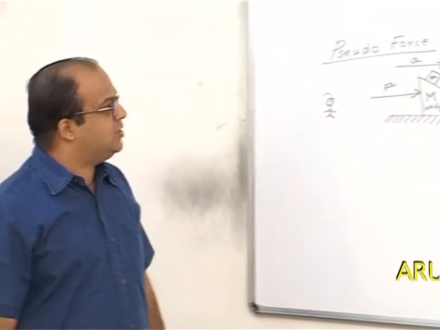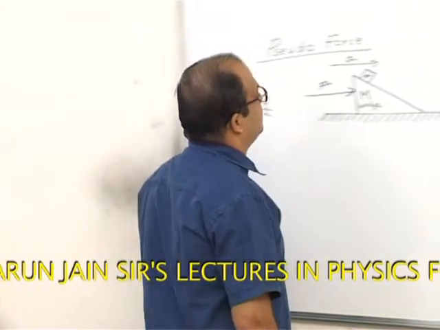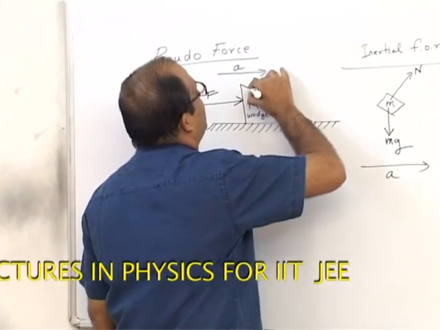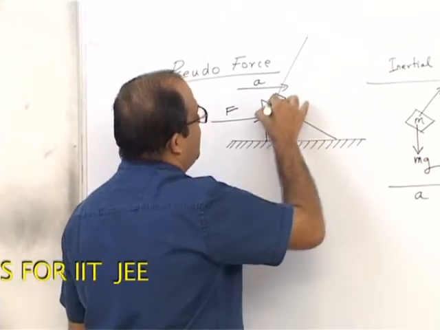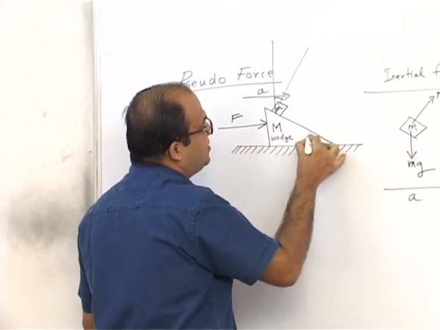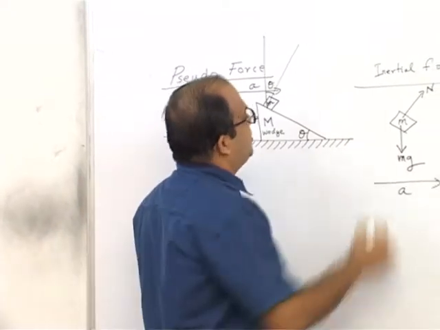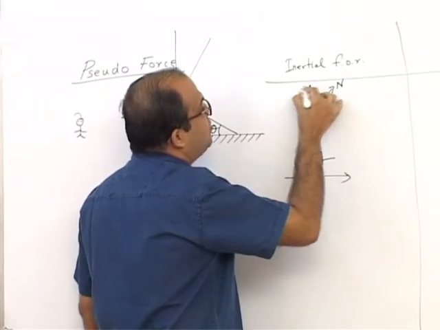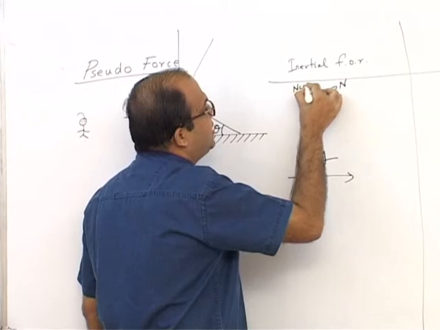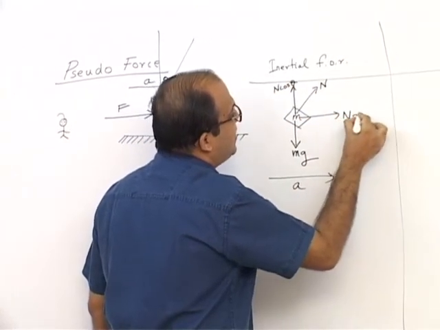Now we have to resolve the normal force into two components. Look here. We draw perpendicular to this surface, draw perpendicular to this. This angle will be equal to this. This angle is theta. This is also theta. So if that angle is theta, this component will be n cos theta and this component will be n sin theta.